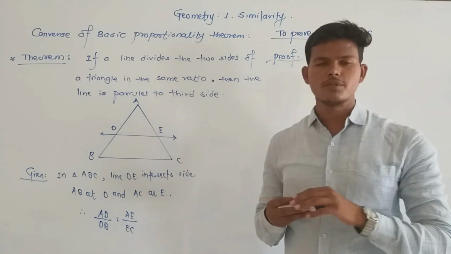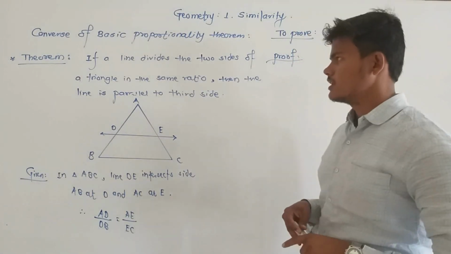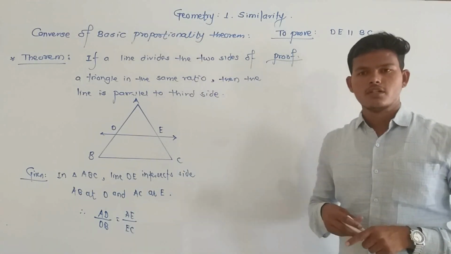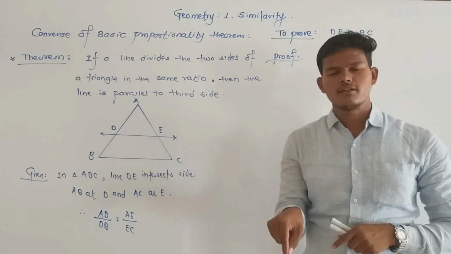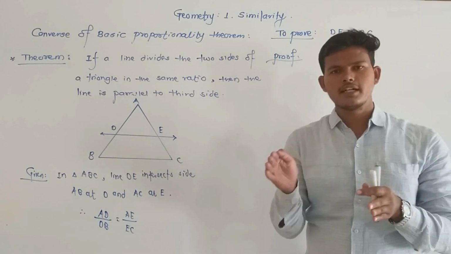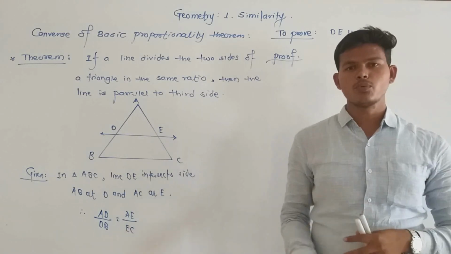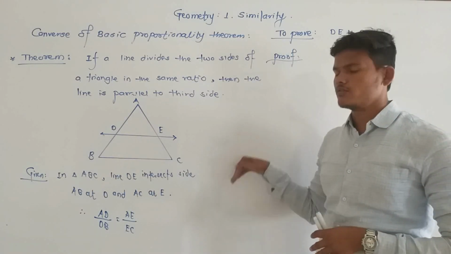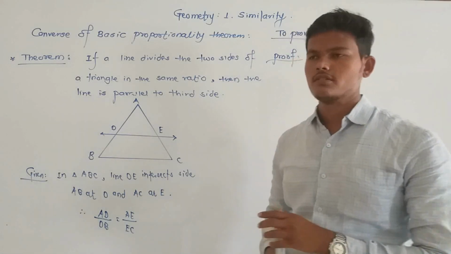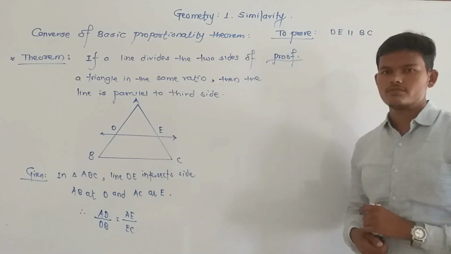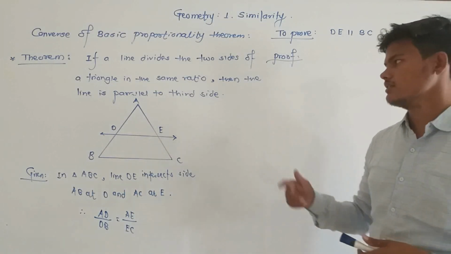What is the difference between the two? In the basic proportionality theorem, if a line is parallel to a side of a triangle, तिथे एक लाइन ही ट्रायंगलच्या साइडला कशी होती, पॅरलल होती, then it divides the remaining sides in the same proportion. But in the converse, if a line divides two sides of a triangle in the same ratio, then the line is parallel to the side of the triangle.